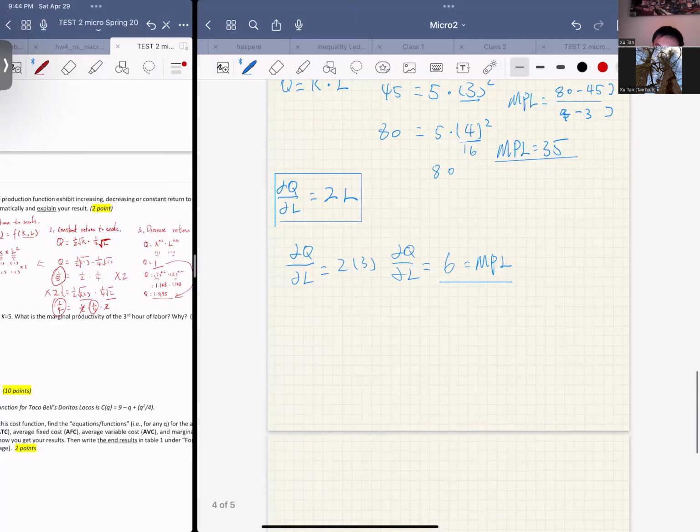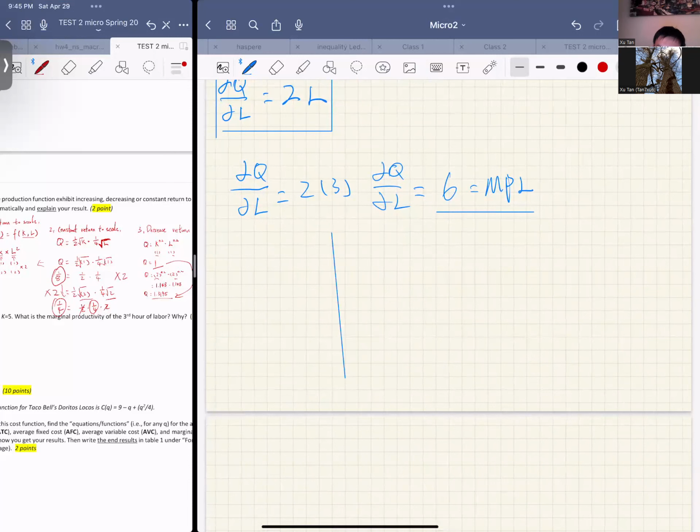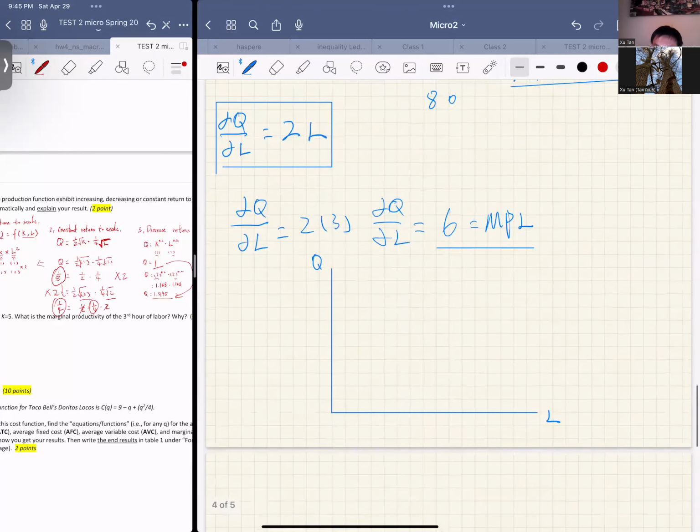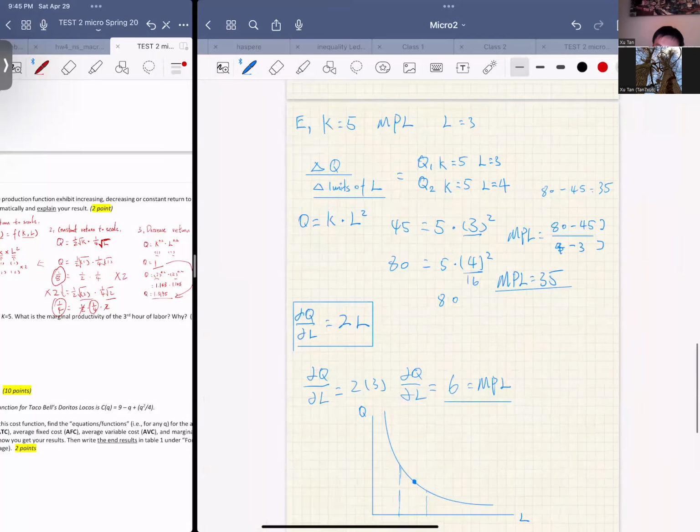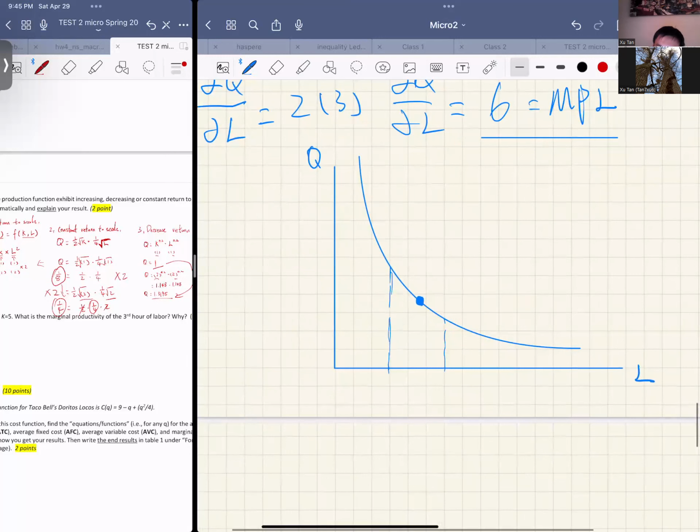I'm going to explain now. So this is labor, this is Q. I'm not going to explain it in detail, but it's basically this. You have a point. So this point is when K equals 5, L equals 3. Oops, I drew the wrong graph.